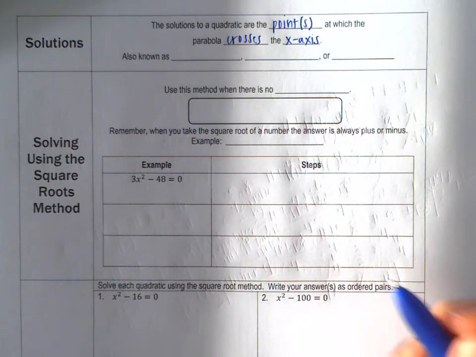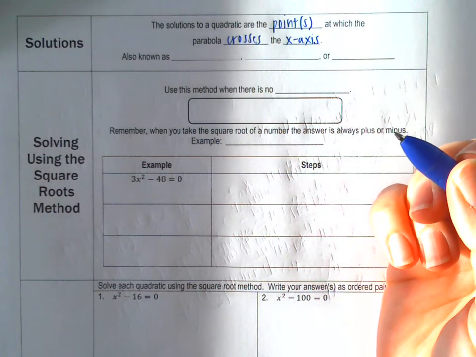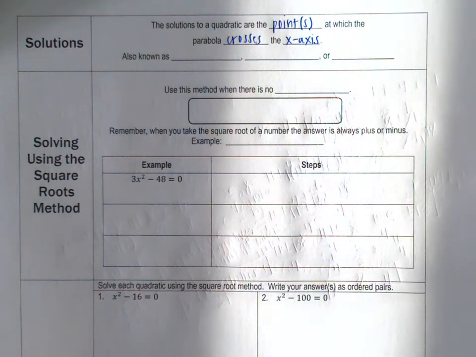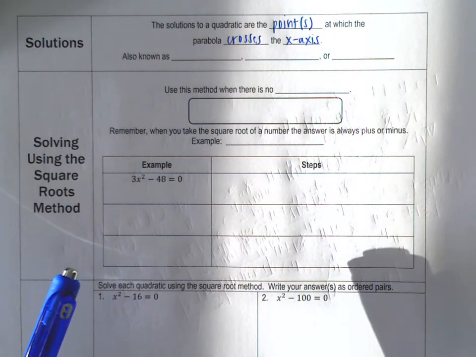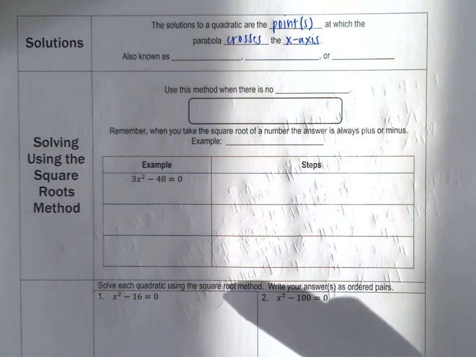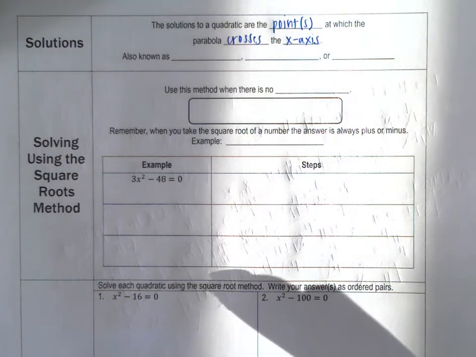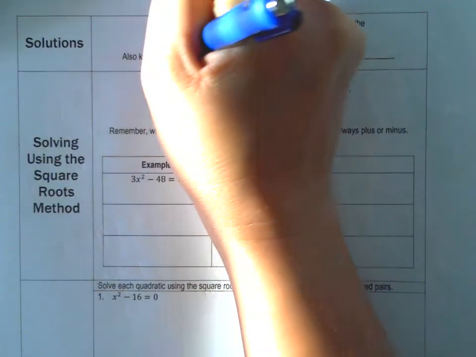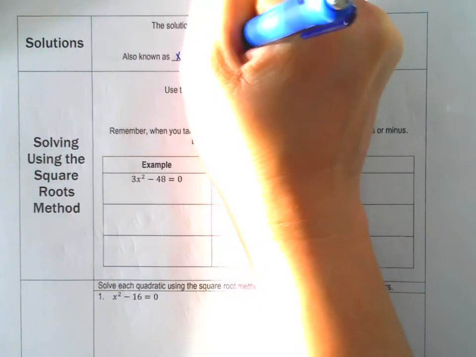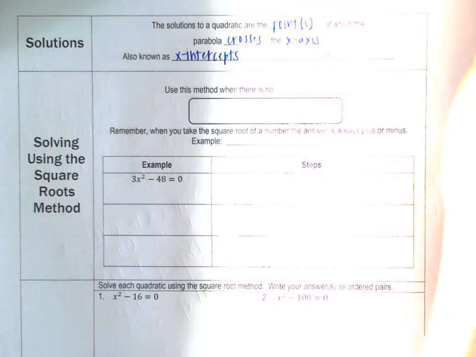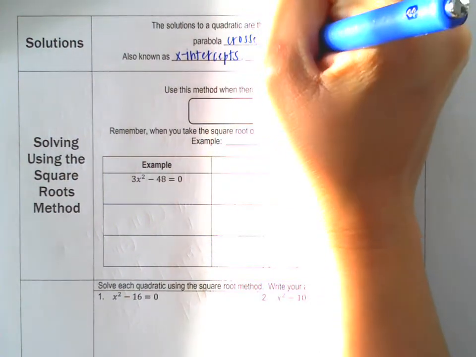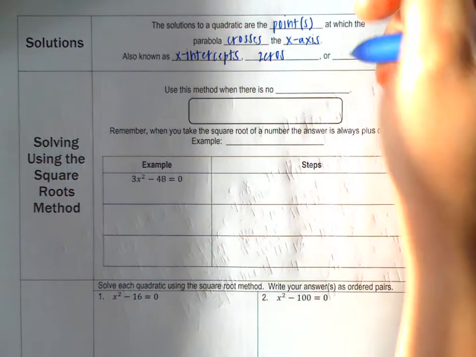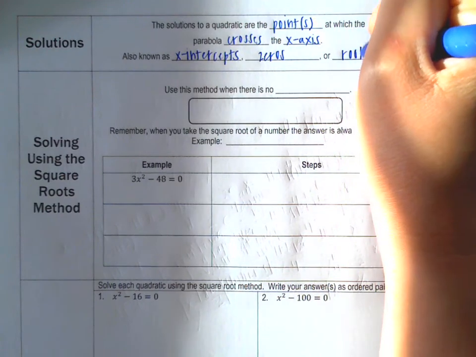Okay. These are also known as, so what are the other words that we use for solutions? Think about those other words. What are they? If you're thinking x-intercepts, you're correct. So that's x-intercepts, zeros, or roots.